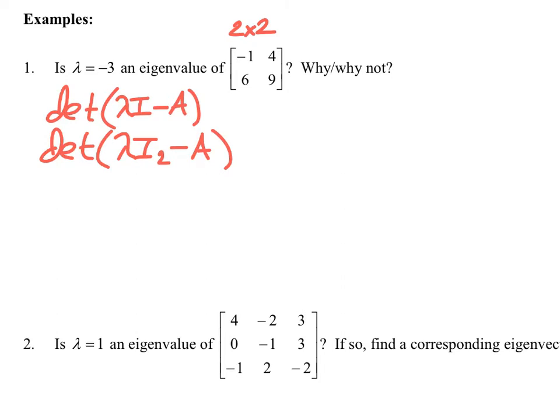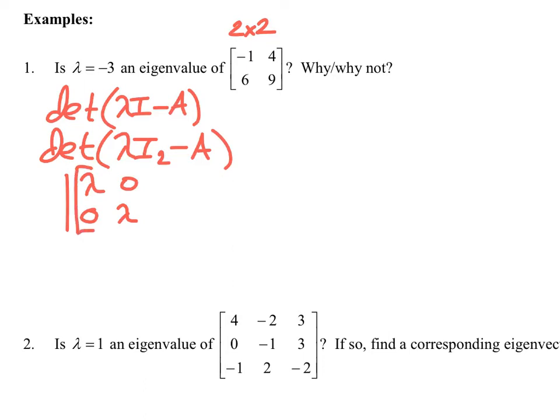All right. So I'm looking at the determinant of, well, 1, 0, 0, 1 multiplied by lambda. So lambda, 0, 0, lambda. Oh, nope, undo.